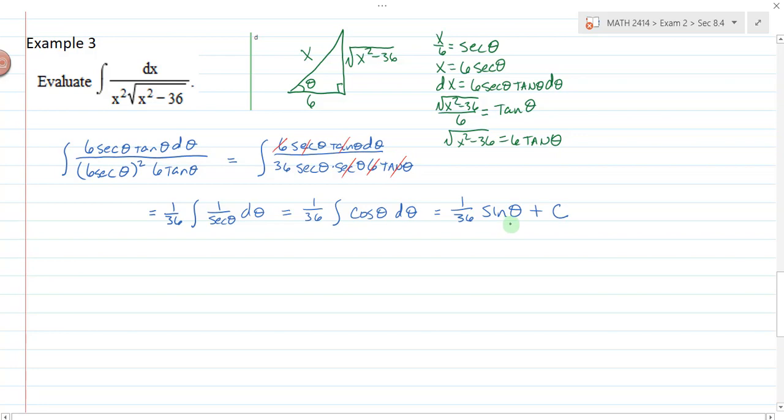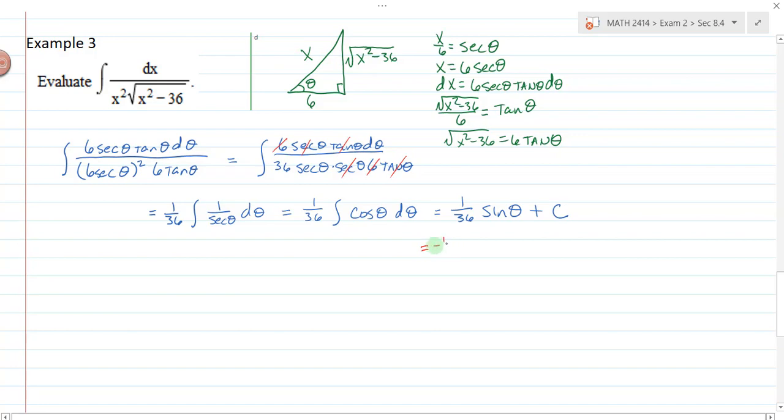We have to write our answer in terms of x because x was the variable of integration. What do I look at to write sine theta in terms of x? The triangle. So we know that when we have a right triangle, and this is the angle theta, sine theta is opposite over hypotenuse.